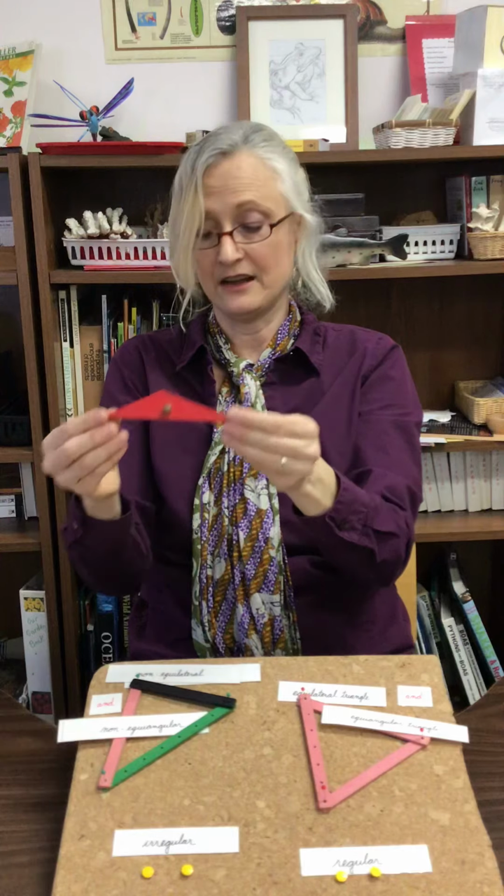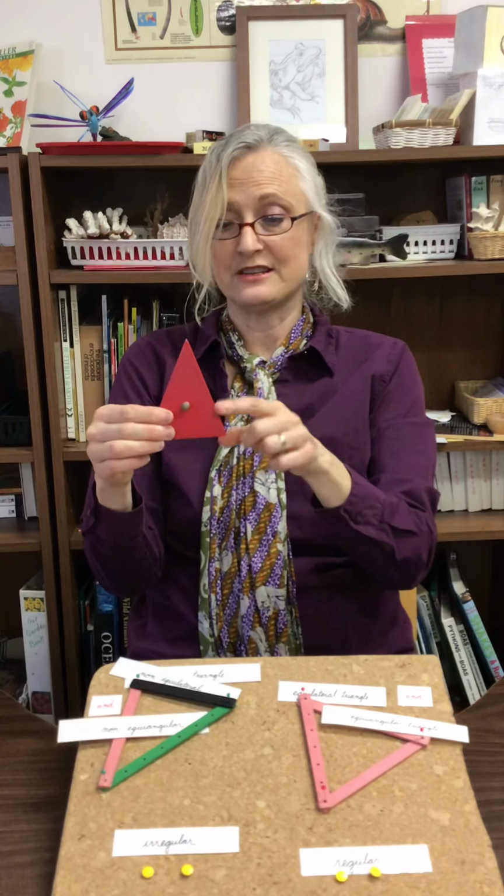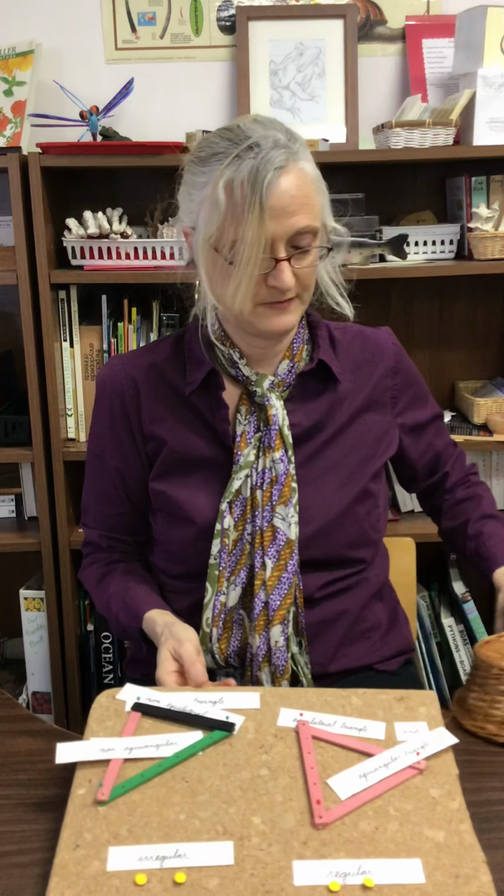Certainly a difference in the angle, so it is non-equiangular, so it is irregular. Finally, we have our scalene acute, which is what we have built here. We know that that is non-equilateral. We know that it is non-equiangular. So like the version that we built here on our board, it is also irregular. I'm going to put my piece back under here.